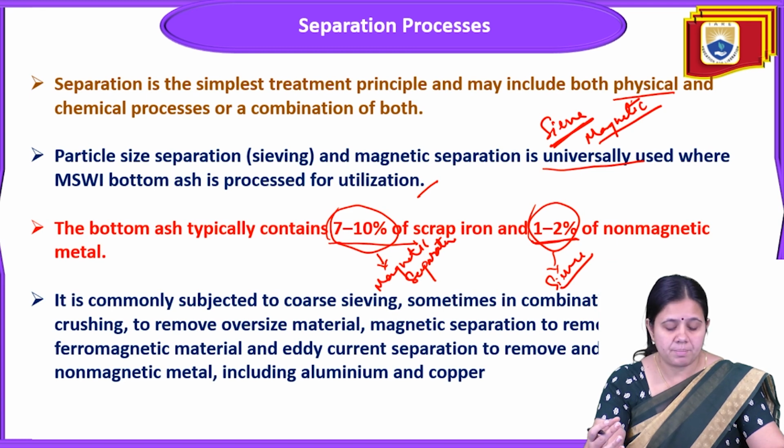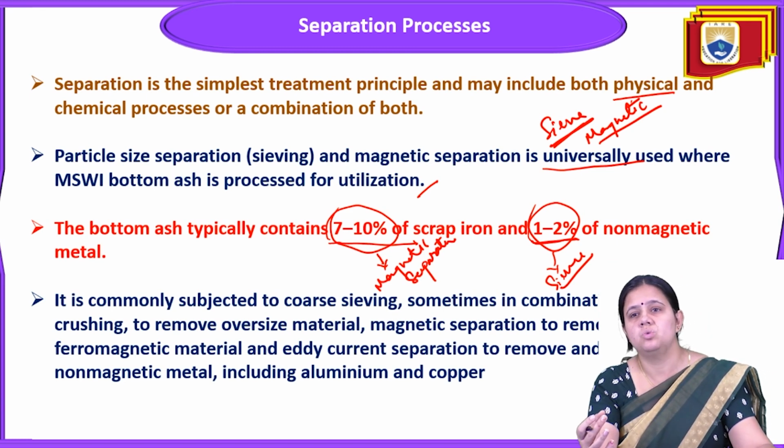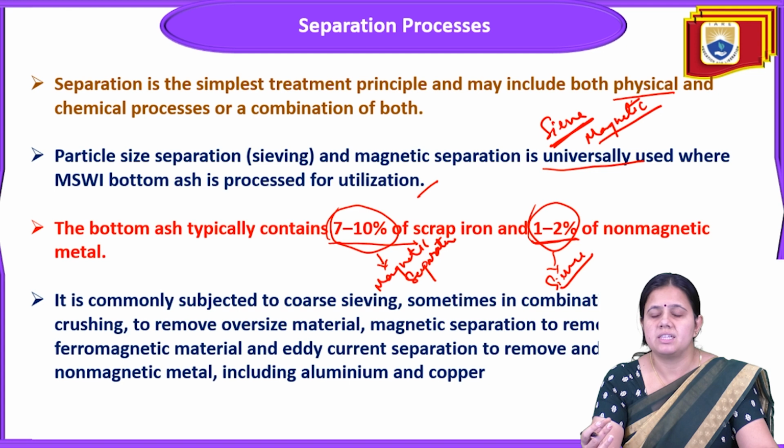It is commonly subjected to very coarse sieving, sometimes in combination with crushing to remove oversized material, magnetic separation to remove and recover ferromagnetic materials, and eddy current separation to remove and recover non-magnetic materials like aluminum and copper.